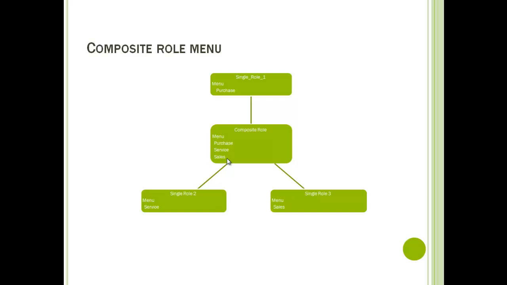This is very important: when you design your authorization concept, we need to consider the menus of each role. If you do not duplicate, and use the same standard naming convention, then you will have the advantage of keeping this menu under proper control. Meaning, when you have a single role which has a purchase menu as well as a sub menu under this purchase, and single role 2 also has purchase and a different sub menu under this purchase, then everything will be combined together here.